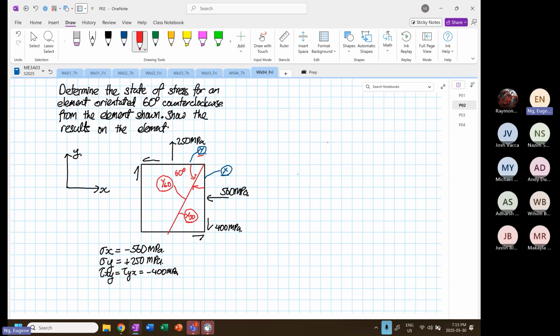So depending on where you're rotating from, if you rotate from the Y, you call it Y60. If you rotate from the X, it's no more 60, but it's X30. Okay, so now let's focus on rotating to Y60 because it's less confusing.